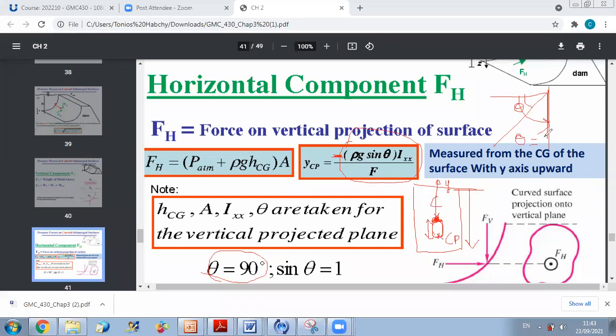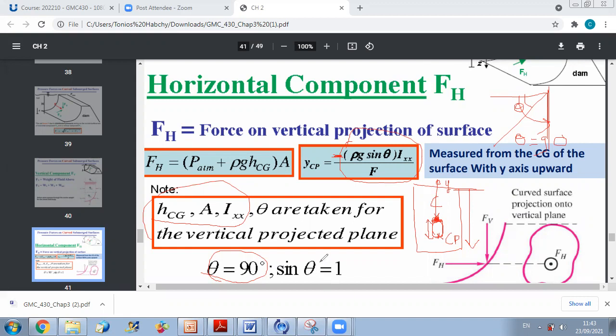So you have to replace theta by 90 degrees. And all of these properties, the depth of the centroid, the area, and Ix, will depend on the projected area. In general, the projected area is a rectangle if we have constant depth. So we'll deal then with a rectangular area, okay?